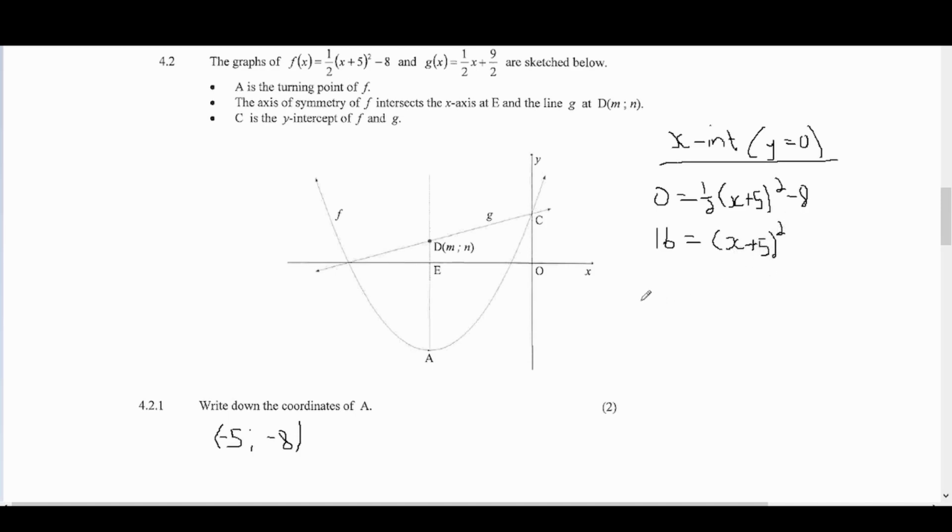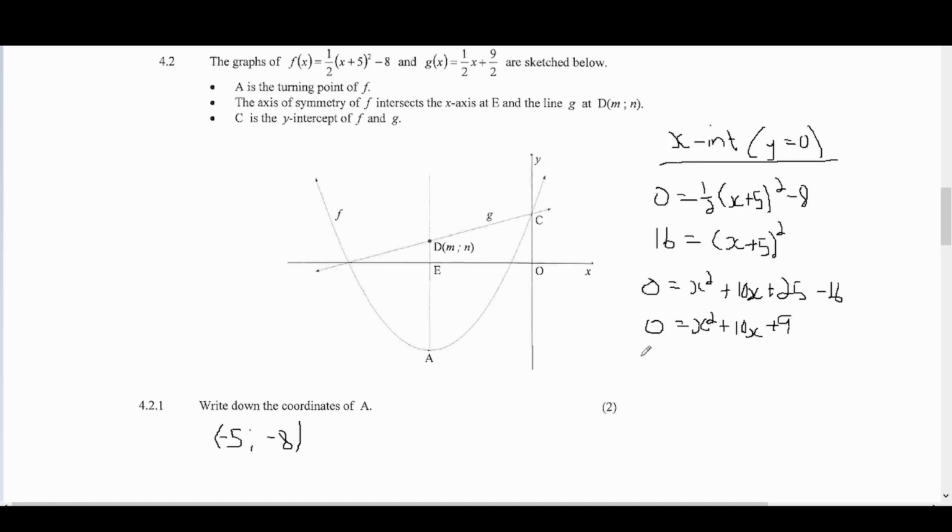We then expand this and take the 16 over, so it's 0 equals x squared plus 10x, because it's x times 5 times 2, and then 5 times 5 is 25, and then we're minusing our 16, so it's 0 equals x squared plus 10x plus 9. 25 minus 16 is 9. Yeah, and we're doing all of this just to get our base.